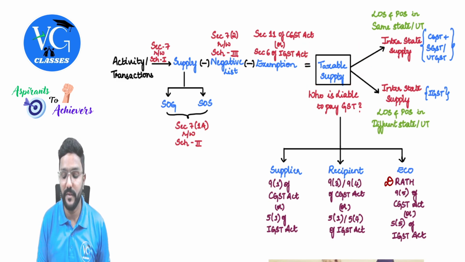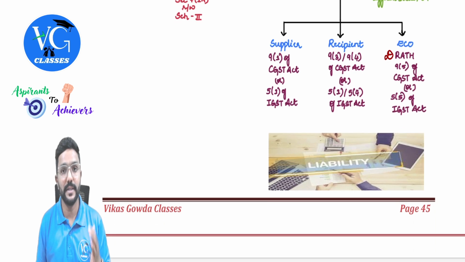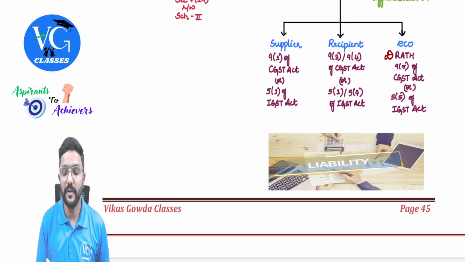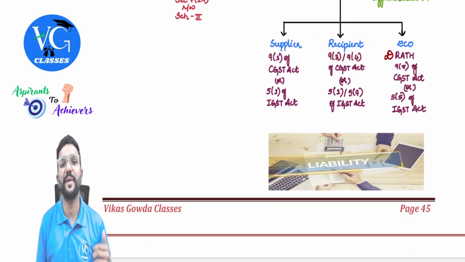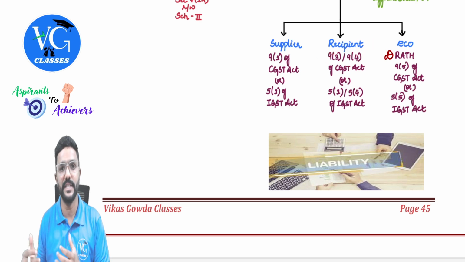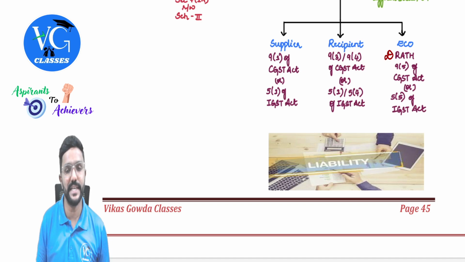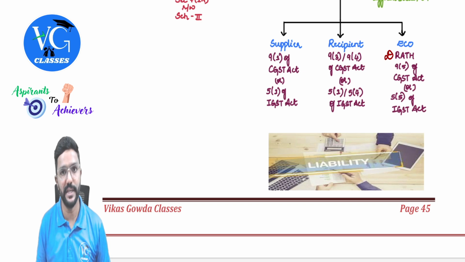So when it is taxable, we need to see who is liable to pay GST. Under GST law, they have given when a recipient is supposed to pay tax under the reverse charge mechanism as per section 9.3 or 9.4 of the CGST Act or section 5.3 or 5.4 of the IGST Act. That is, the recipient is the one who is liable to pay GST.